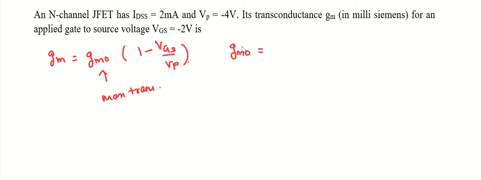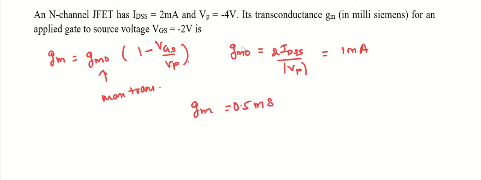It is equal to 2 IDSS divided by magnitude of VP. So we have IDSS and VP value, so directly we can find GMO. So it is 1 milliamp. When you substitute GMO equal to 1 milliamp in the given formula, we will get GM equal to 0.5 millisiemens.